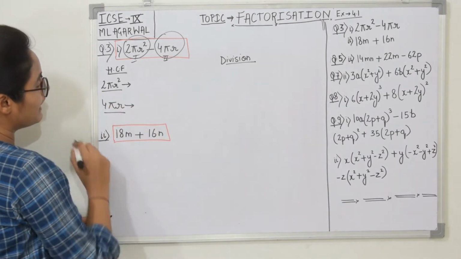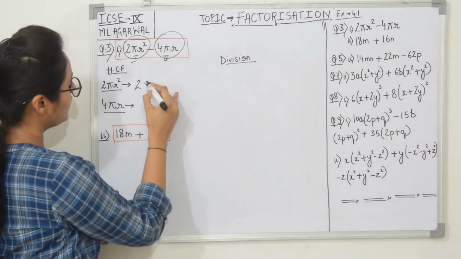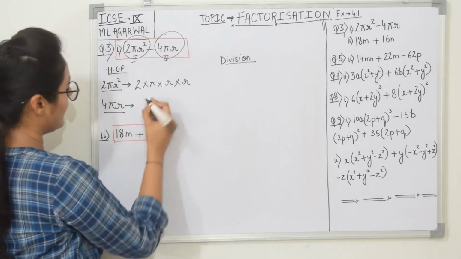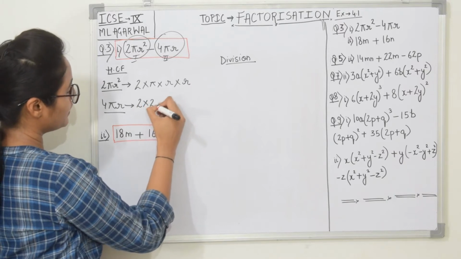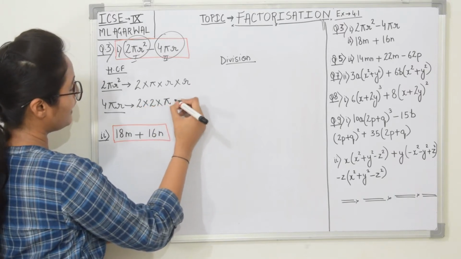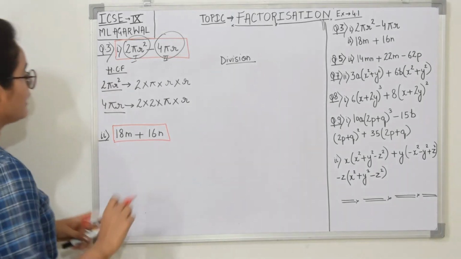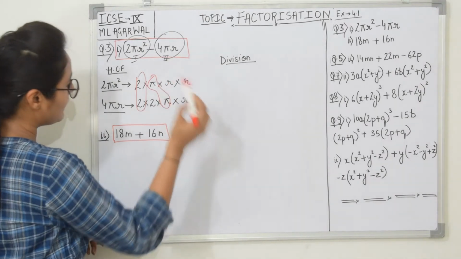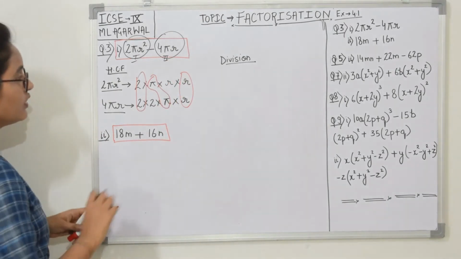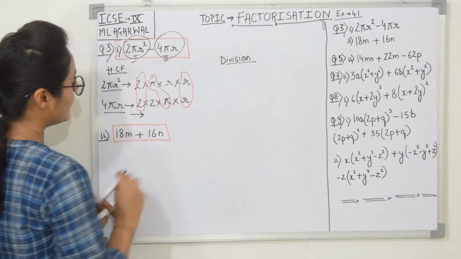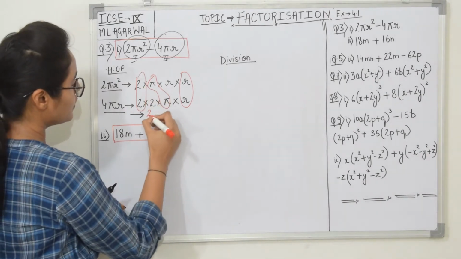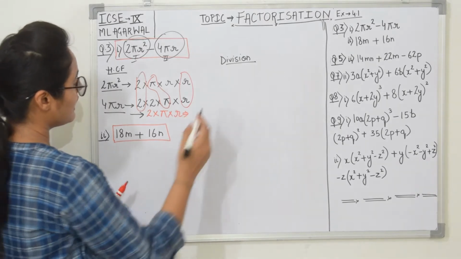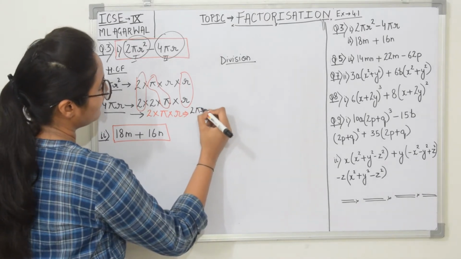The HCF of 2 pi r square gives us 2 into pi into r, and 4 pi r gives us 2 into 2 into pi into r. Filter down the common ones: 2 and 2 are common, pi is also common, and one r is also common. So we derive our HCF, that is 2 into pi into r, our 2 pi r.